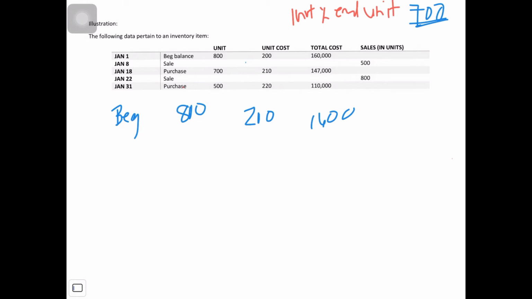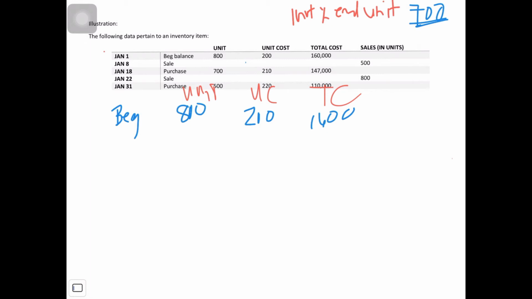So this one here guys is the units. Here is the unit cost, then the total cost. So the table is just you just have to show the flow of transaction for the whole January.